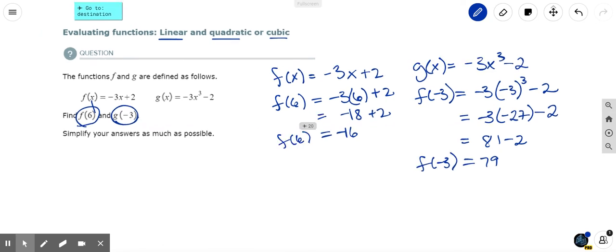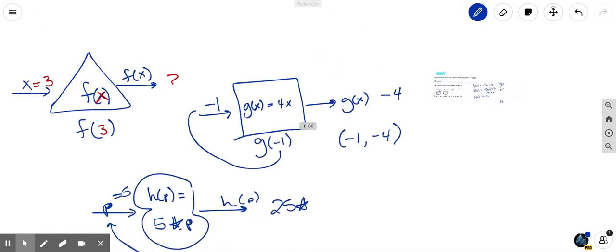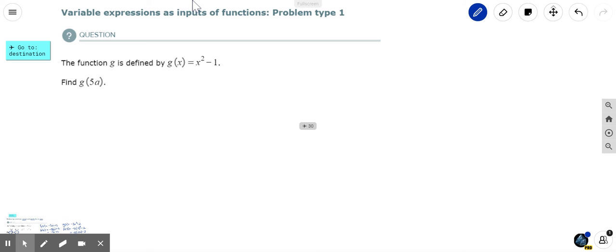Let's go to the next one. All right, the next type of question here is: function g is defined by x squared minus 1. Find g of 5a. That literally means you're going to take this 5a and substitute it in for x. Now, this is something you have to do by hand.